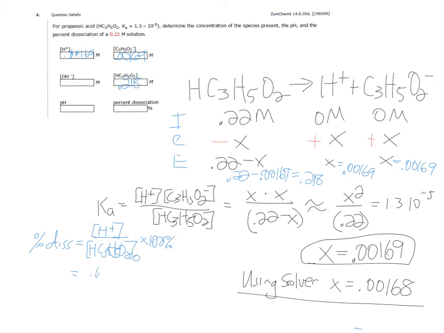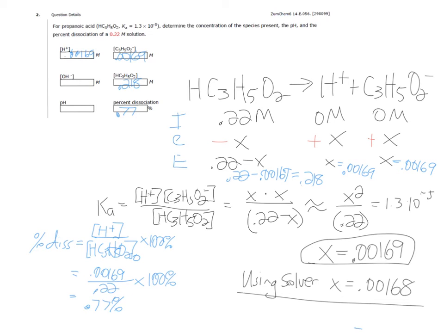So the value of x, 0.00169, over the initial concentration of the acid, 0.22, and it works out to be 0.77% dissociation. Okay, what else do we have to find? The pH and the hydroxide concentration.